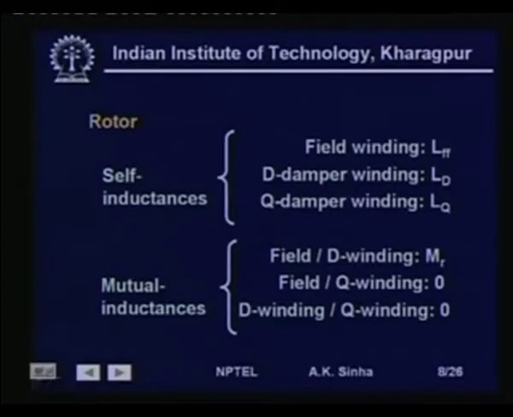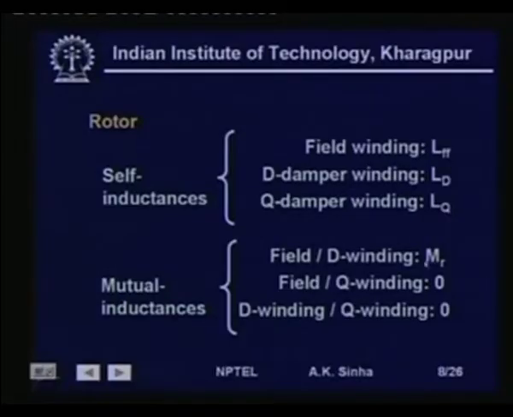Now, the mutual inductance between the field and the d winding, that is the direct axis damper winding and the field, since the two axes are the same, there is going to be a mutual inductance between them, which we define as M r. Since the two circuits are rotating at the same speed, they appear to be stationary with respect to each other, and therefore, M r is going to remain constant.